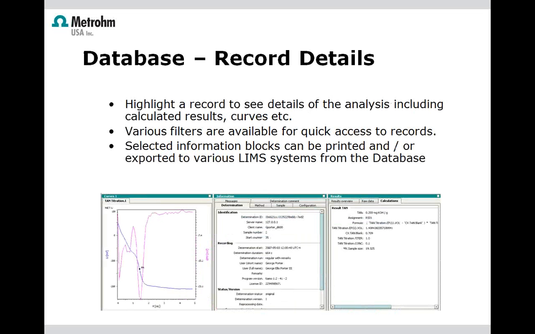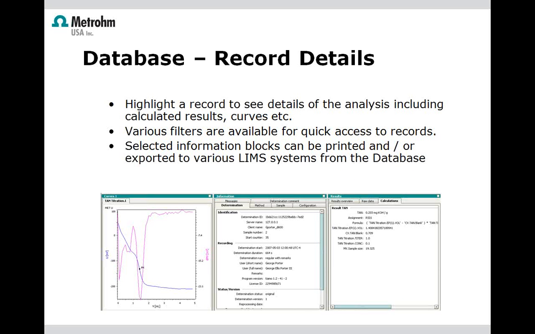Now, database record details. When you highlight a record in the database, it gives you all the information about the particular calculation that was used. In addition, when you're looking at the entire database, it's very easy to do quick filters.